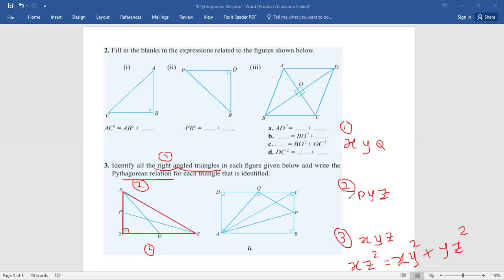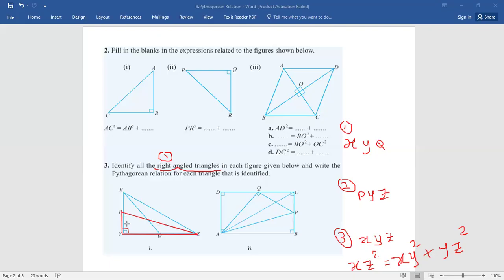Now I am going to apply the Pythagorean relation to my PYZ right angle triangle. I will draw PYZ. This is the second right angle triangle that I am going to apply my Pythagorean relation to.